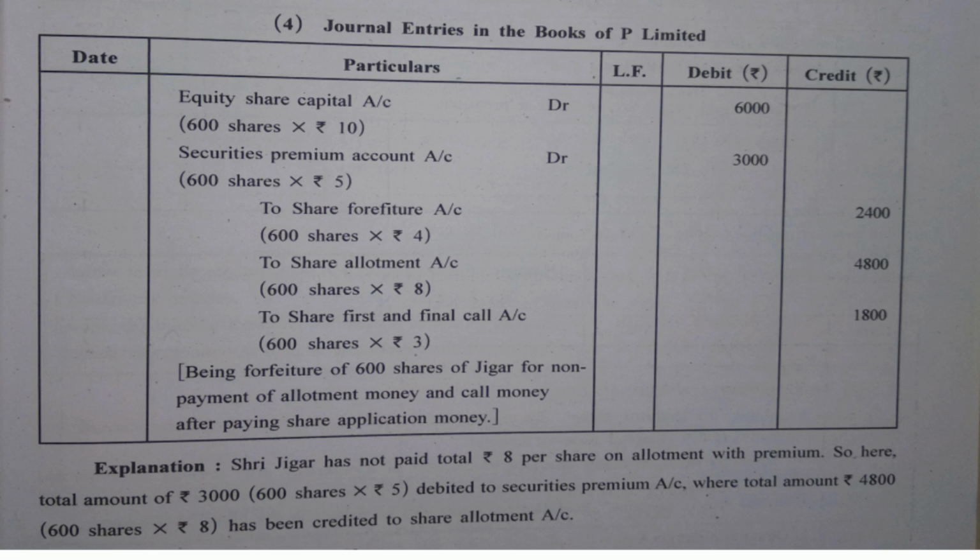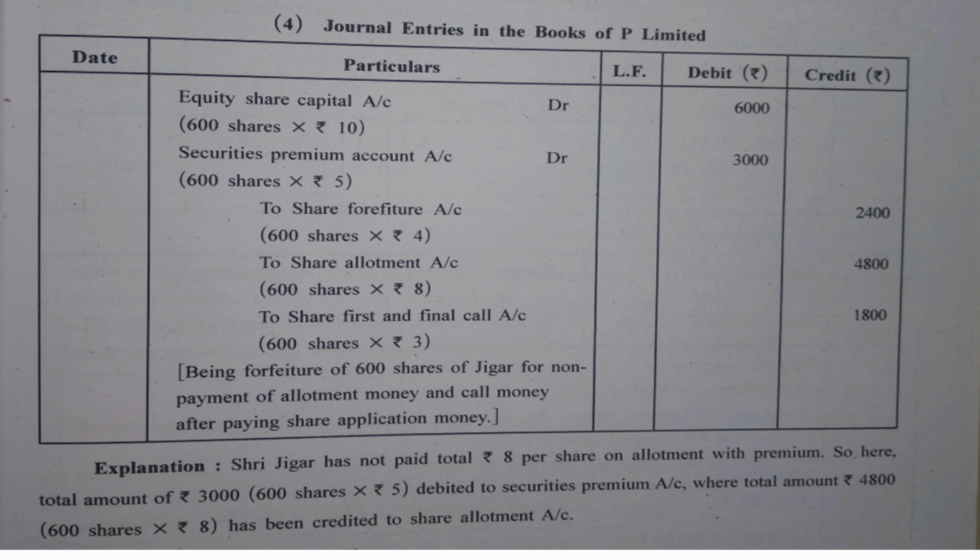In the previous sum, the amount of premium was received, hence it was not debited nor credited. Here it is not received and hence it is shown here. Then 3 rupees of first and final call is also not received. So we have written to share first and final call account, 600 into 3. 6,000 plus 3,000 is 9,000.